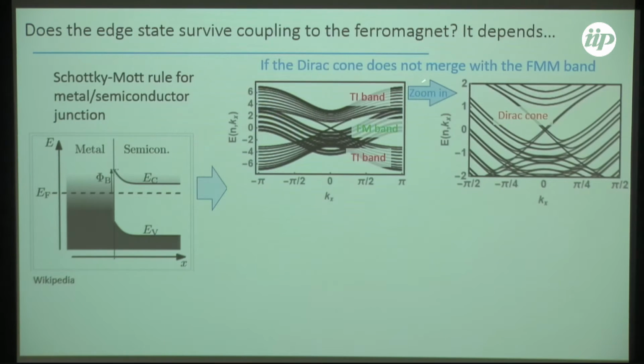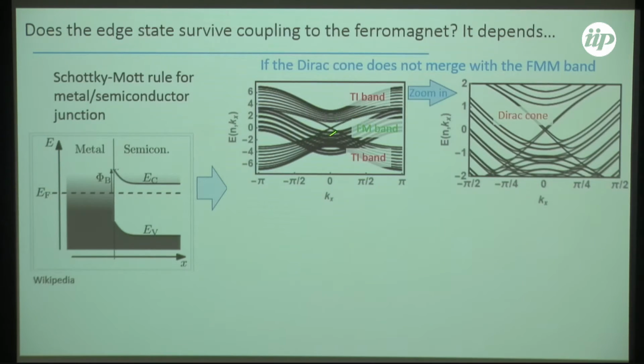As a result, we think that generically you could have two different kinds of situations. In this kind of 2D quantum spin Hall effect versus ferromagnet side-by-side junction, the energy bands actually look like this. You have the topological insulator bands: this is the conduction band, and this is the valence band. And in the middle, this cosine-like band is the band from the ferromagnet. Now you can imagine you just put them side by side, and then you gradually turn on the coupling between them.